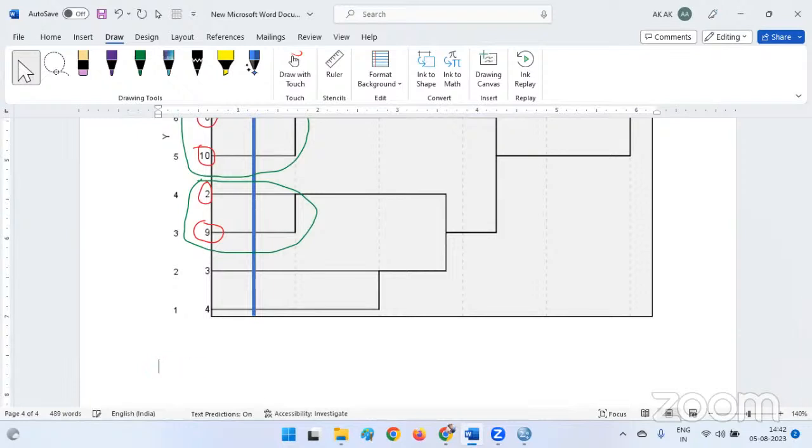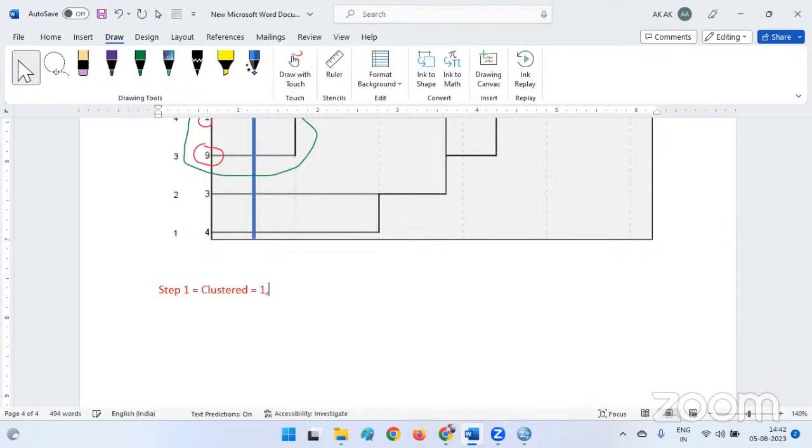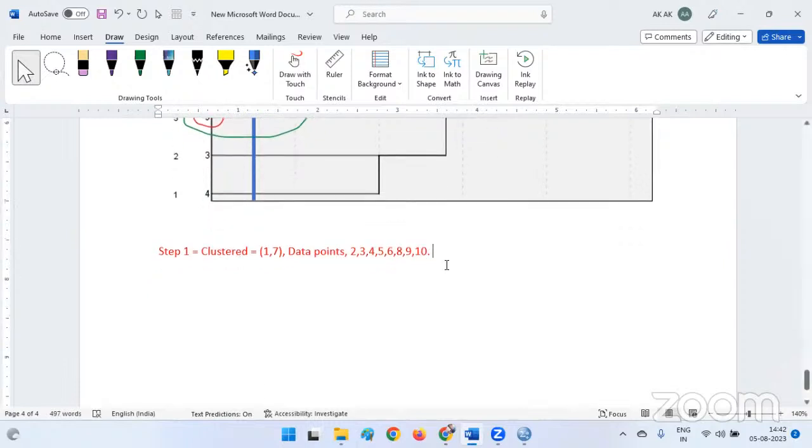So step 1, clustered is equal to 1 and 7. And what are the leftover data points? 2, 3, 4, 5, 6, 8, 9, and 10. These are the leftover data points.